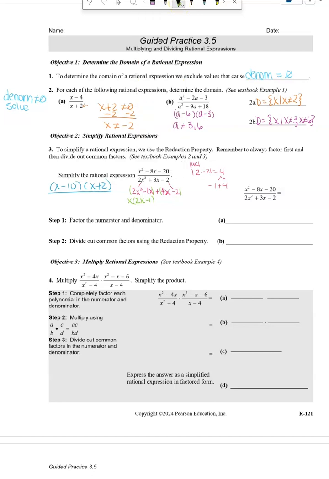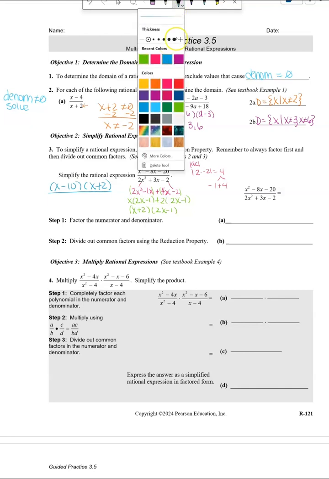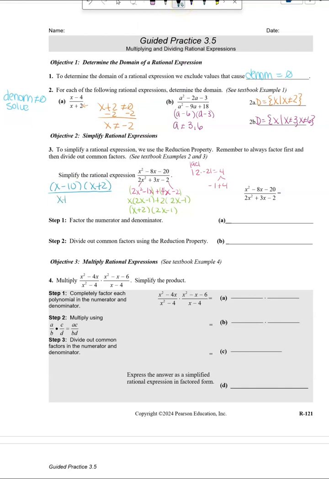The greatest common factor from the second group is going to be a positive 2, so this is going to be 2x minus 1. Now we can see our factors: x plus 2 and 2x minus 1.